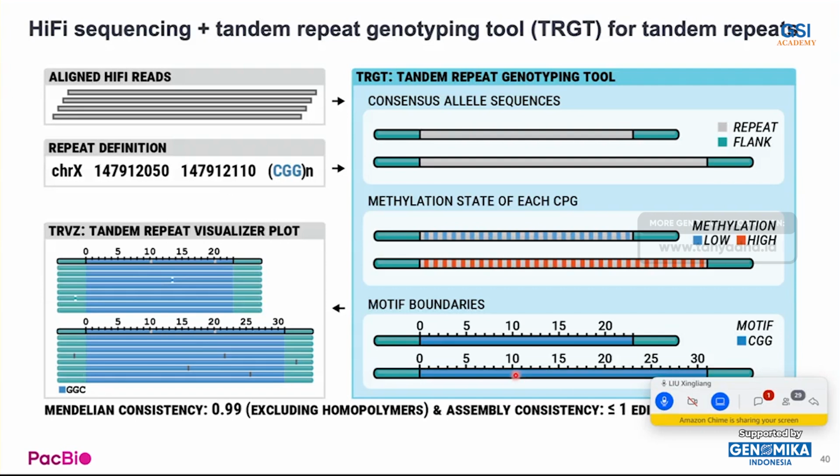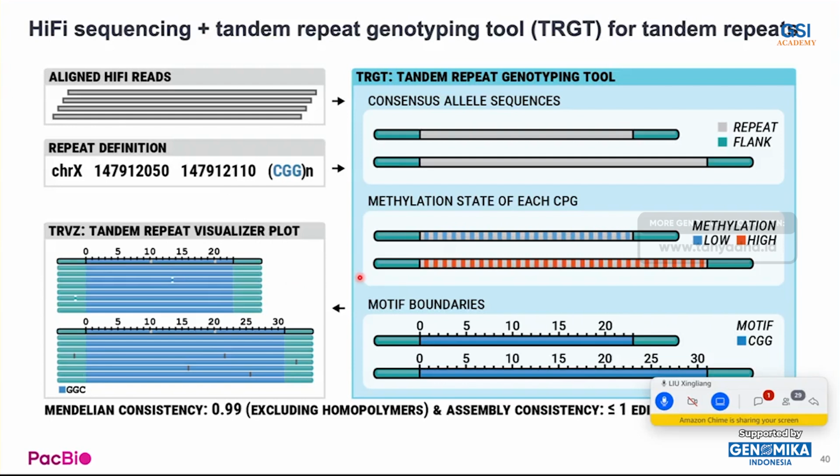More importantly, we can also provide 5mC methylation calling results along with the HiFi sequencing, but of course your protocol cannot include PCR. So we have a CRISPR-guided protocol for tandem repeat profiling sequencing, where we can keep the 5mC methylation information.